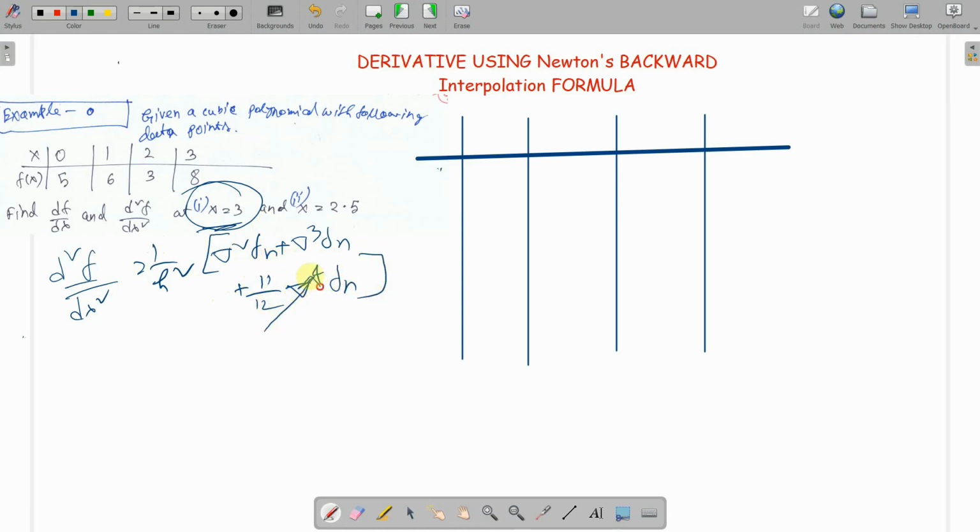Yes, so that part will be your 0. You will be having 1 square. I'm writing for your sake, okay? And this is the value. So this value you are getting, nabla square fn. Are you sure? Yes. 8 plus 12. So it's coming around 20. Yes.